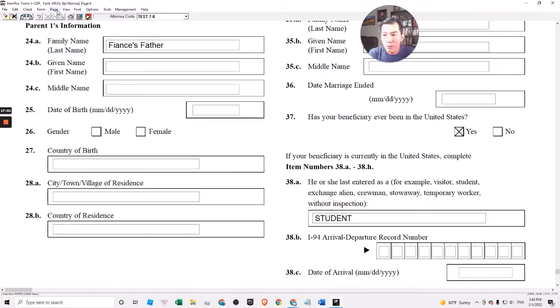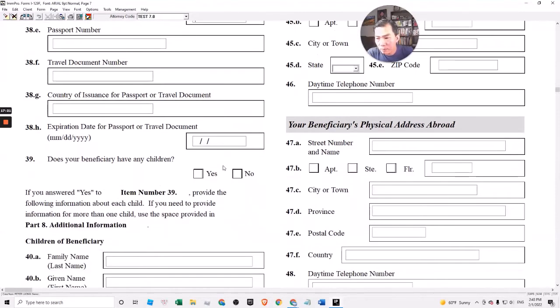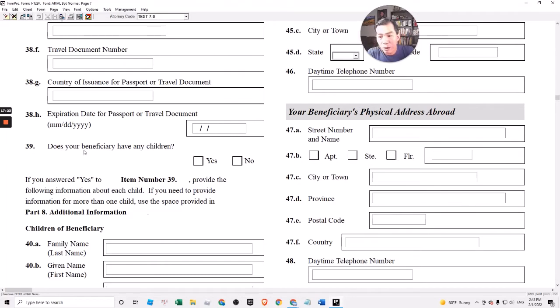We are going to page number 7. You have to provide all the information shown on the I-94 form. So it's easy, it's all there. They were admitted and they were allowed to stay here. That is on the form I-94. And if your fiancé has children or not, you can choose here.